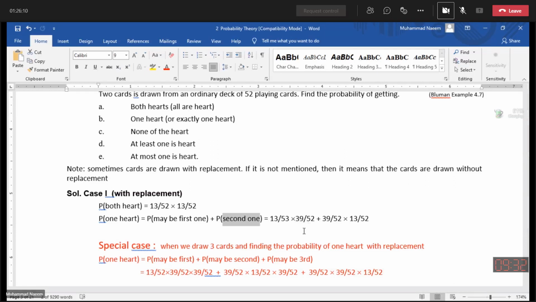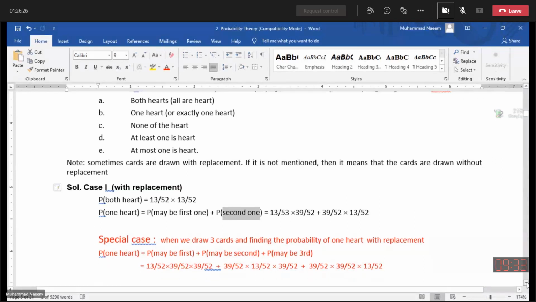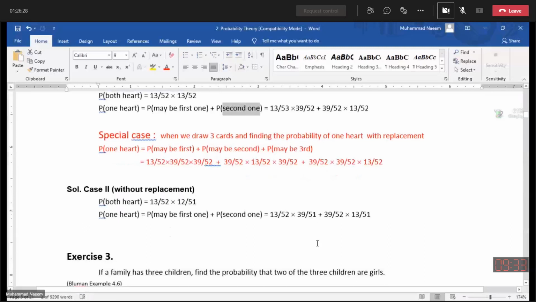With this situation, the total possible cases remain the same. If we don't replace, the probability of the first heart is 13 by 52. Now we don't replace it; we put it aside.